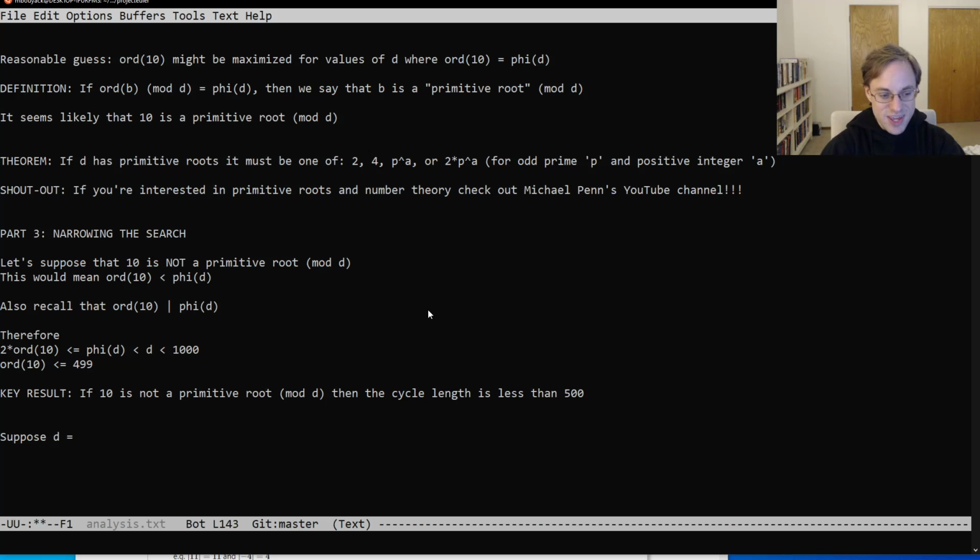D is equal to 2 times p to the a. Then we would have phi of D is going to be equal to p minus 1 times p to the a minus 1, which is less than p times p to the a minus 1, which is equal to p to the a, which is equal to D over 2, which is less than 500.